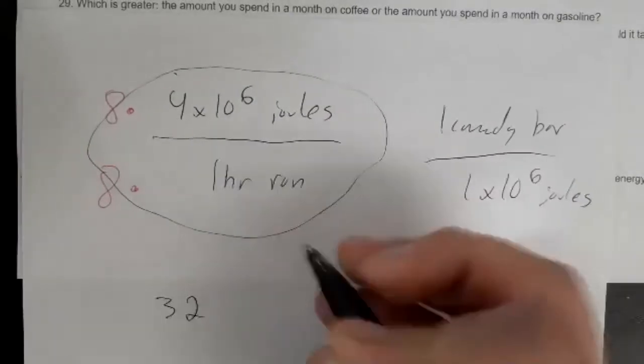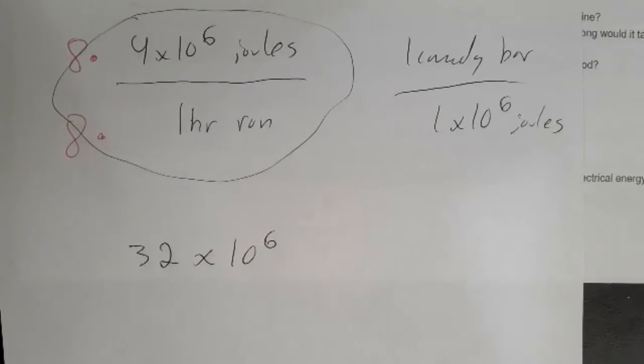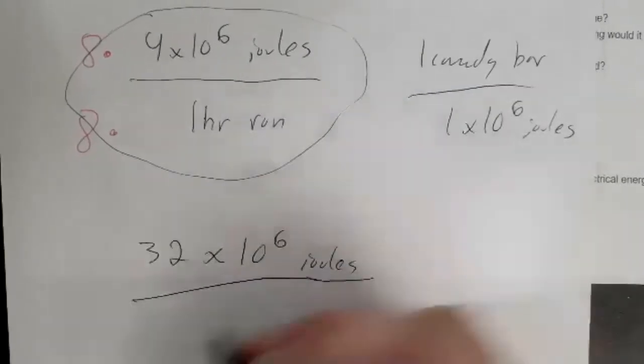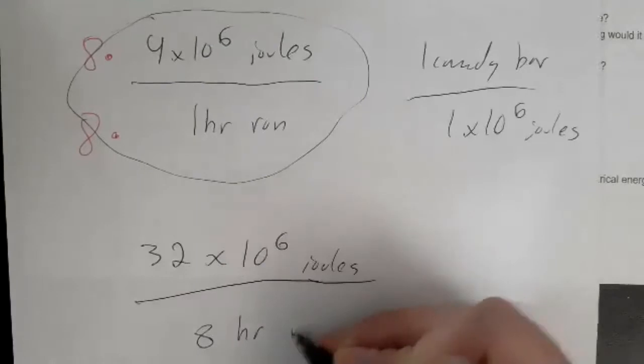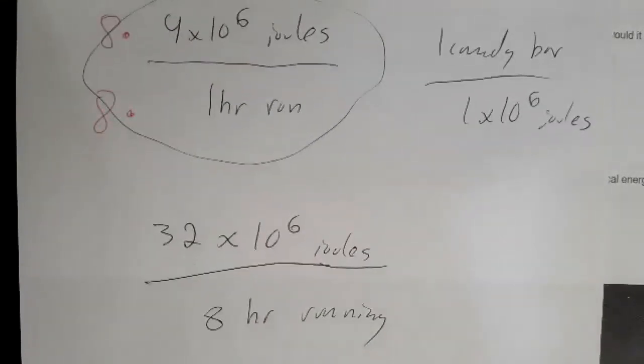With scientific notation, we can just multiply those numbers in front, and multiply the powers of 10 separately. So this is how many joules 8 hours of running is going to give you.